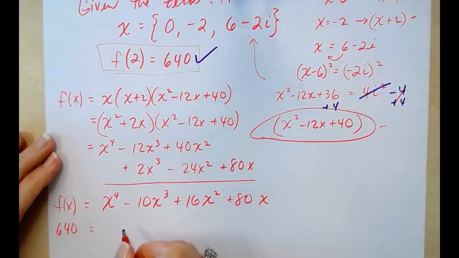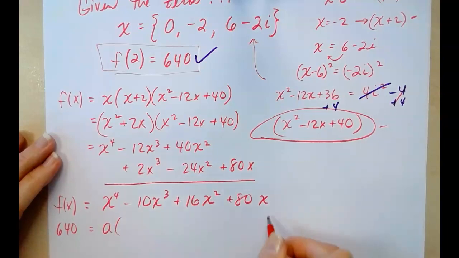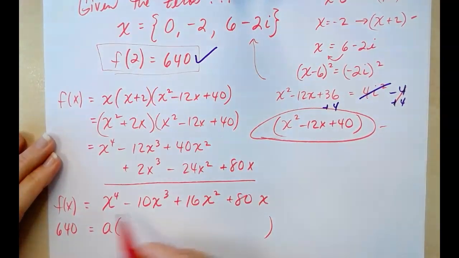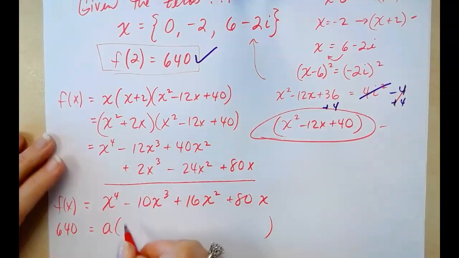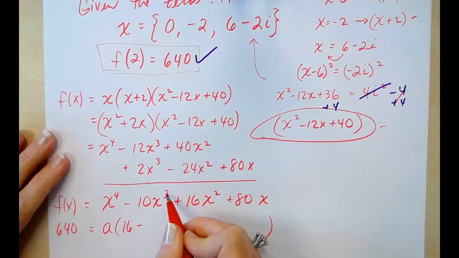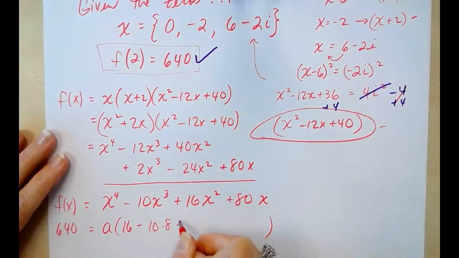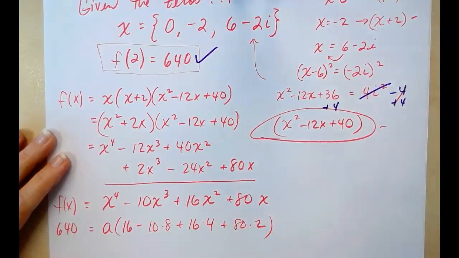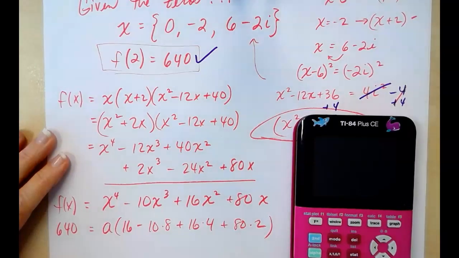640 equals a times, plugging in the 2 everywhere we see an x. So 2 to the 4th is 16, and 2 to the 3rd is 8, so 10 times 8. x squared is 4, 16 times 4, and then 80 times 2. I'm going to bring in my handy dandy calculator here.